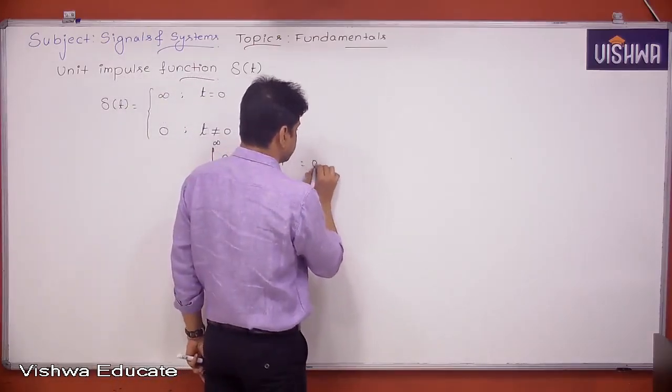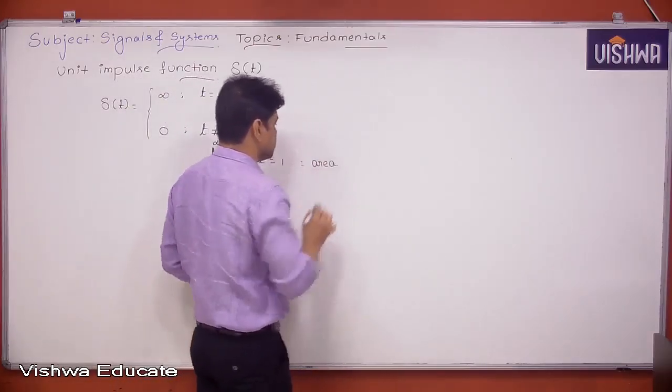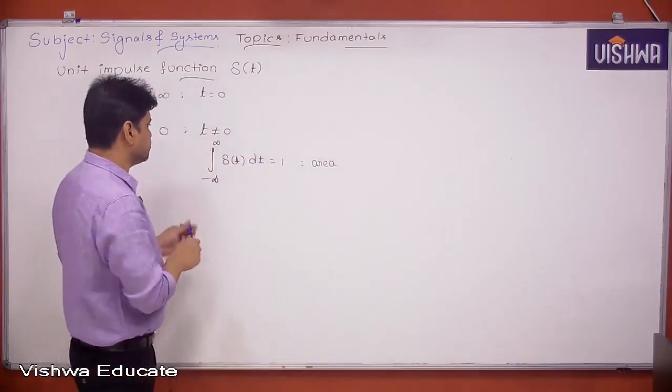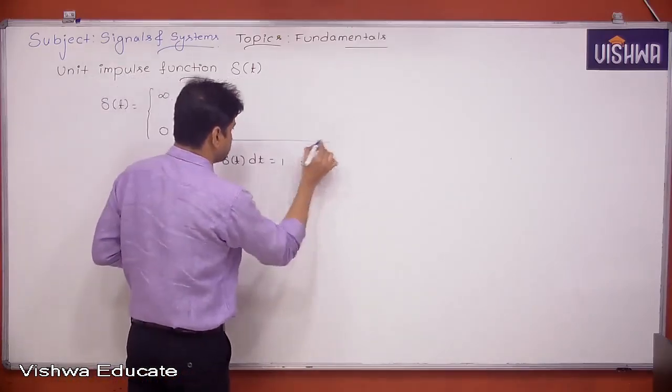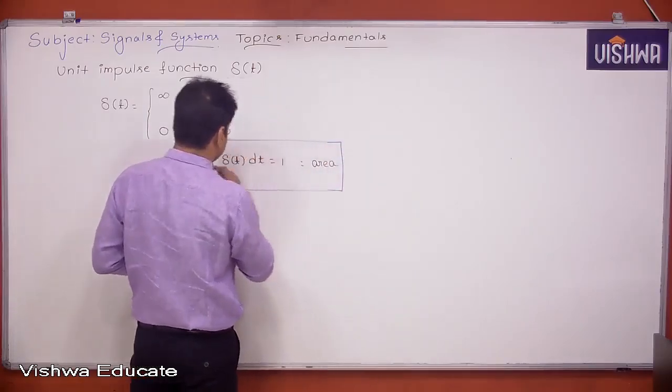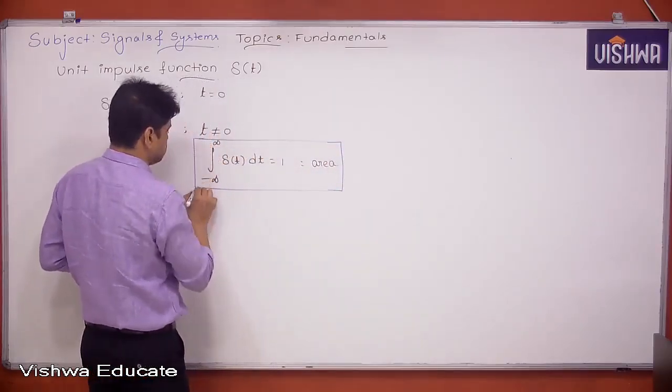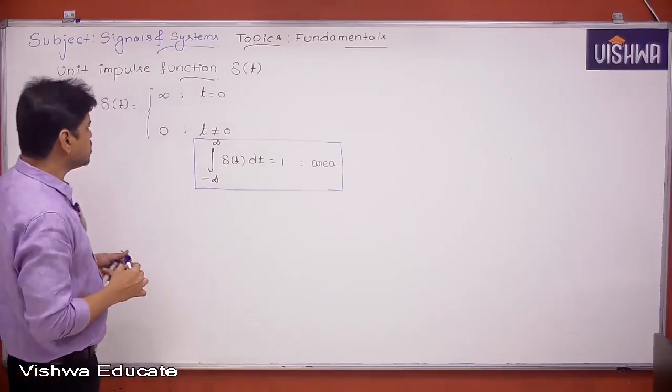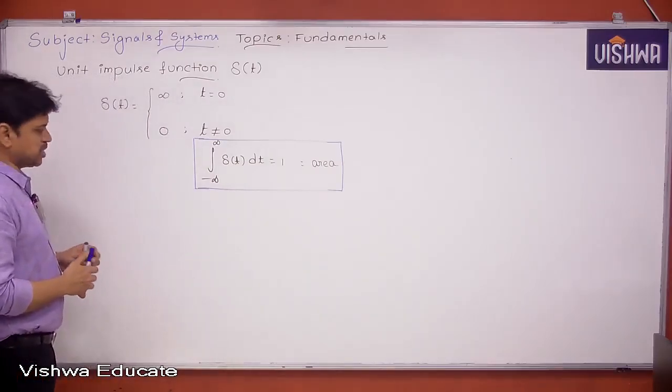This definition is very, very important. Area under impulse function is 1. This is the mathematical definition of the impulse function.